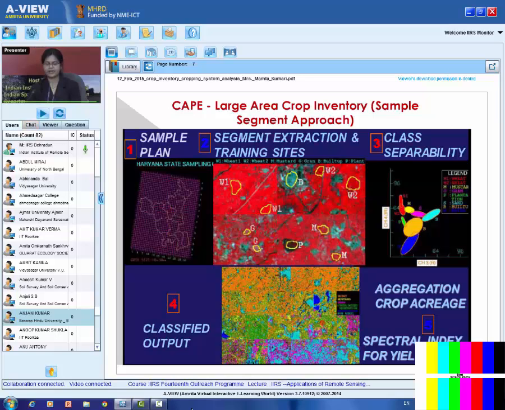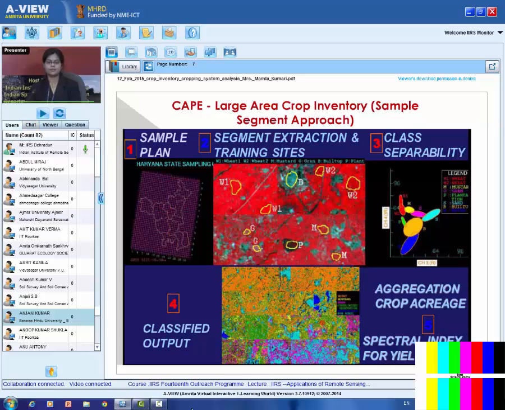Precision is measured by the coefficient of variation, while bias is measured by the relative deviation, relative deviation with respect to some standard. In that, basically Directorate of Economics and Statistics values are used.